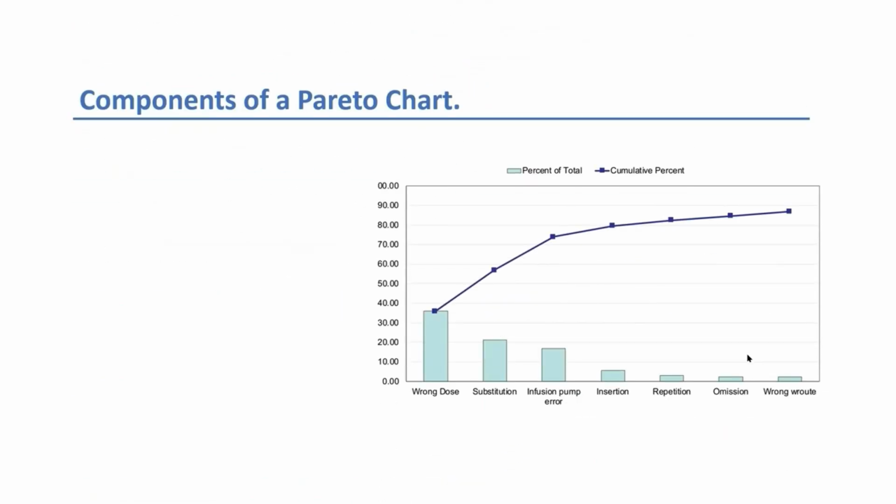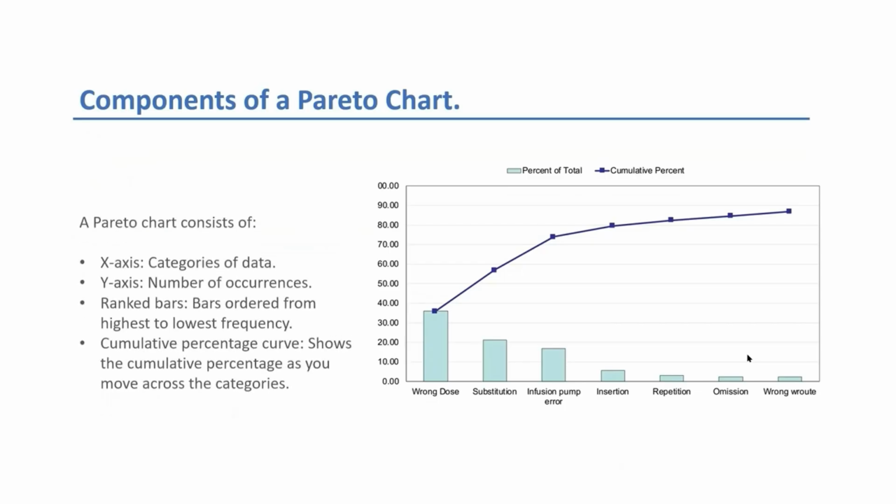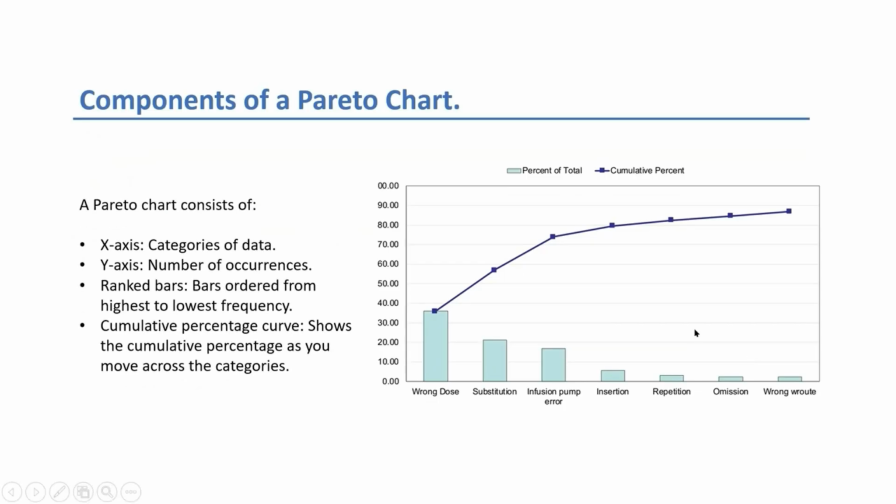So let us understand the different components of a Pareto chart in order to interpret the chart properly. Okay, so here in the adjoining figure, we can see that we have a Pareto chart, and this has the following four components. The x-axis, which is showing us the categories represented as bars.